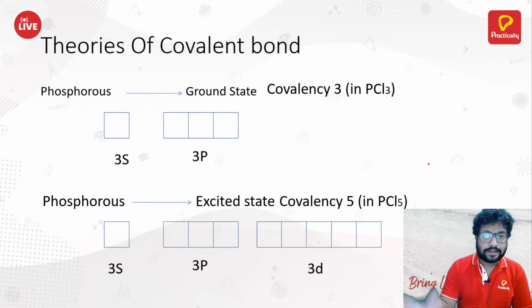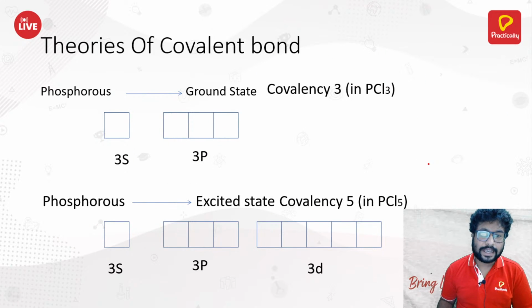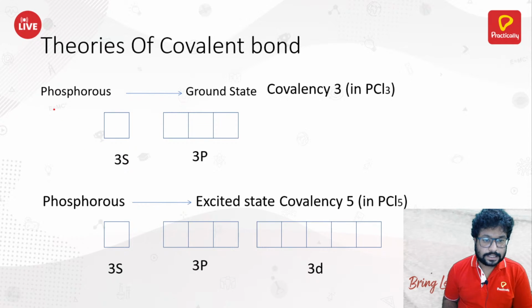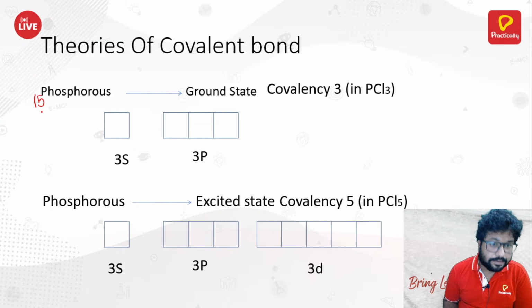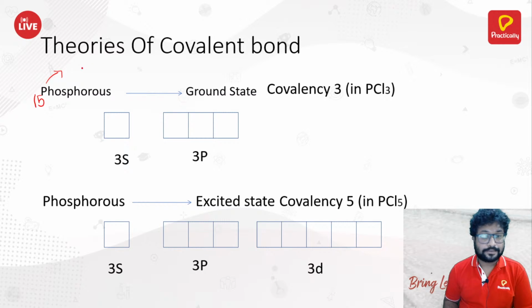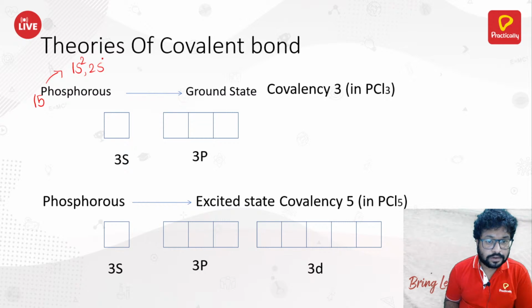Let's move ahead. So I was saying, if you write the electronic configuration of phosphorus, its atomic number is 15. So its electronic configuration would be 1s2, 2s2, 2p6, 3s2, 3p3.